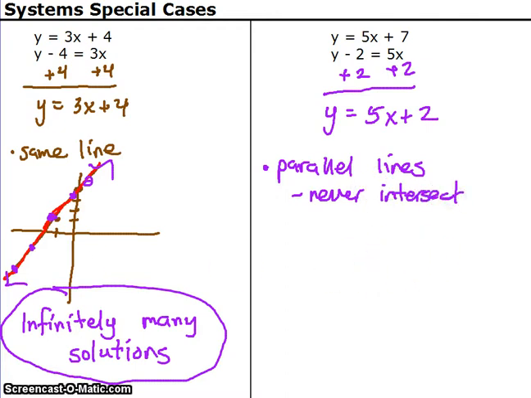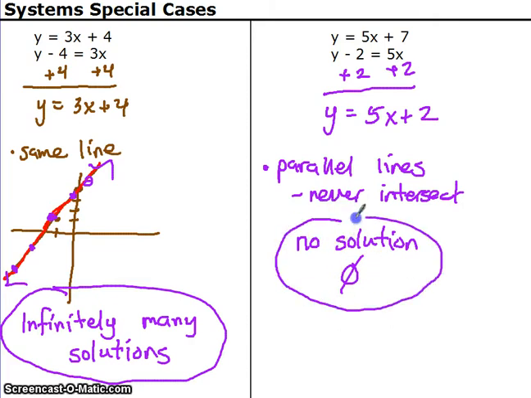Well, if our entire solution is based on 2 lines intersecting and these never intersect, that must mean these are no solution. Just so you know, there's a symbol for that. If you draw a 0 with a slash through it like this, that means no solution. So if you ever see that on an answer choice, or if you just don't feel like writing out no solution, you can just put a 0 with a slash through it. It means the same thing.